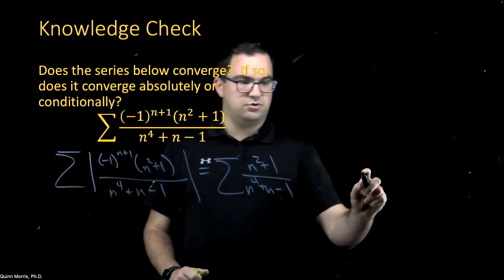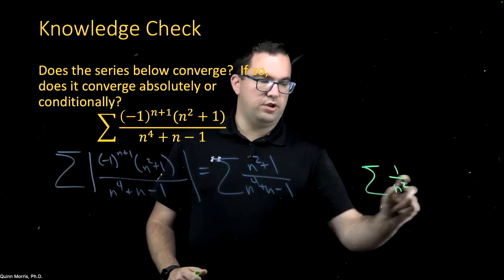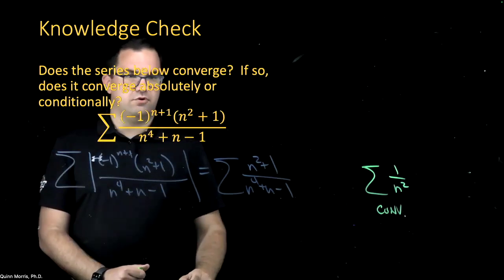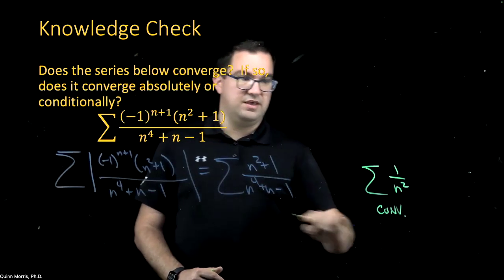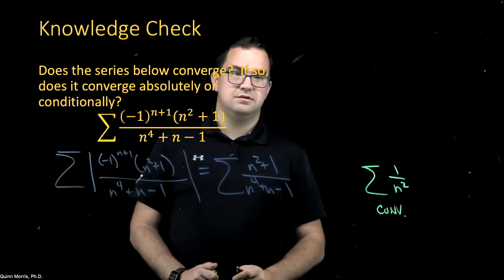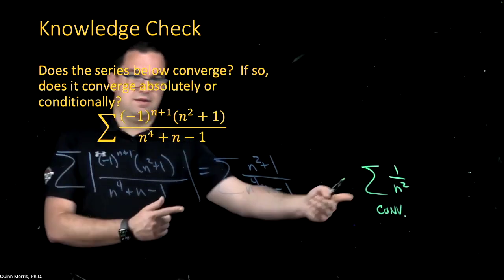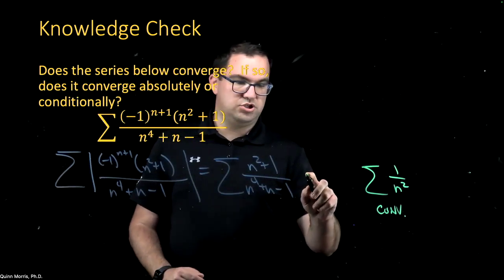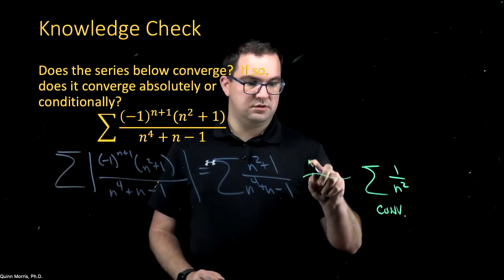Well, if I look at highest powers, this should behave like 1 over n squared, which I know converges. So now I'm going to do limit comparison of this to this. But this is actually exactly a type of problem we've done before. So you can check here that this converges.